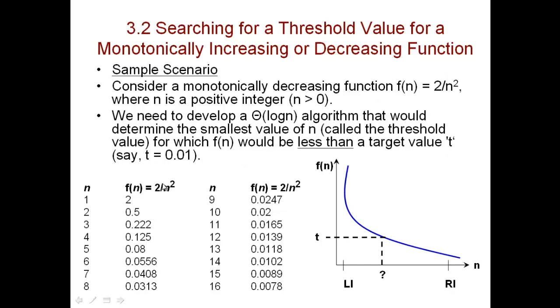So this is a monotonically decreasing function, and what we want to find here is the smallest value of n for which the function value would be less than a threshold, or we can call it a target value. Let us make a difference: we'll call the function value the target and we'll call this n the threshold.